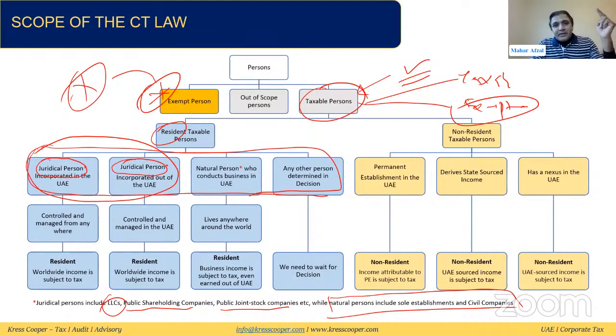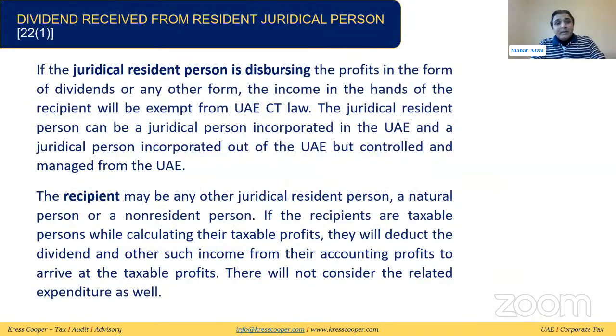So if the dividend or other profit distribution is being received from a resident juridical person, which will be a company established in the UAE, or a company established outside the UAE but controlled and managed from the UAE, then this is exempt income.